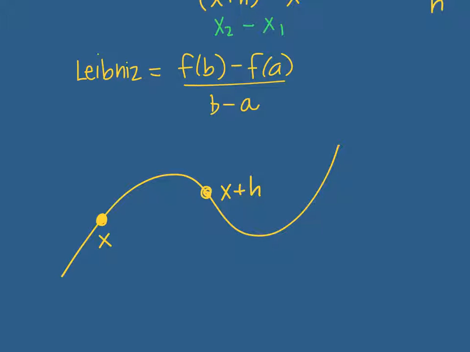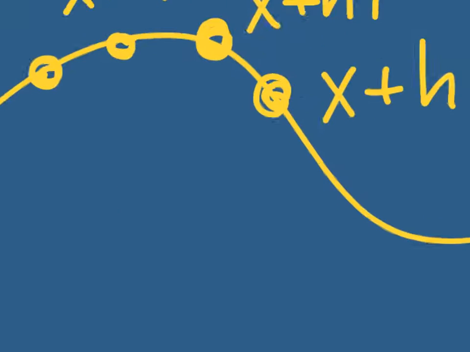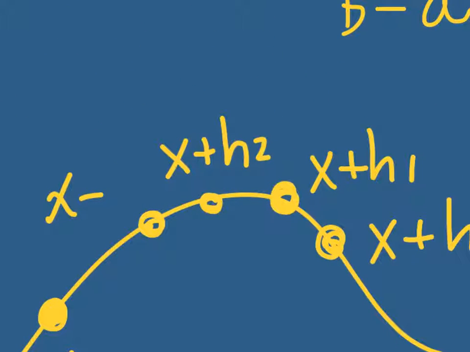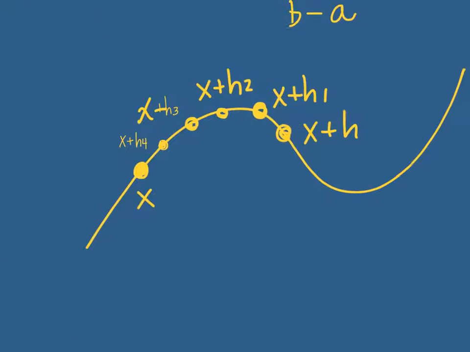But if you slide that a little closer, and that's now x plus h1, and you slide that a little closer, x plus h2, and you just keep moving the points closer and closer together, and x plus h4. Eventually, the points will be on top of each other.